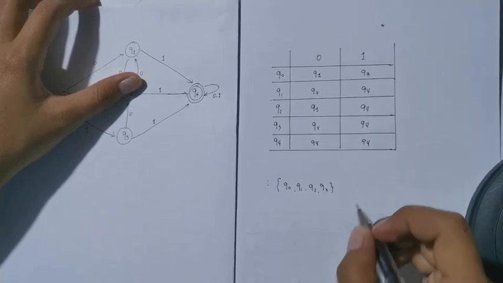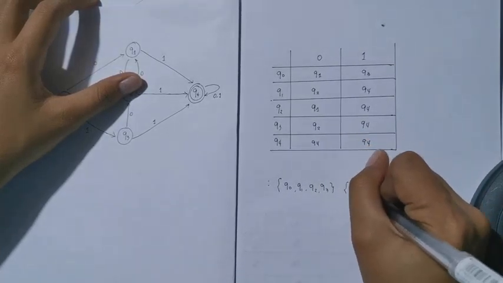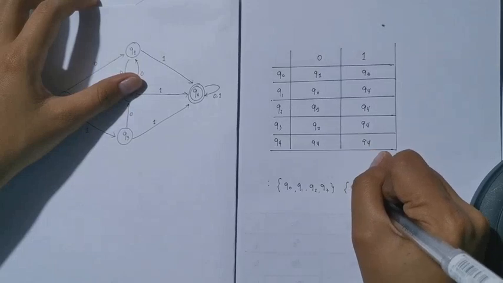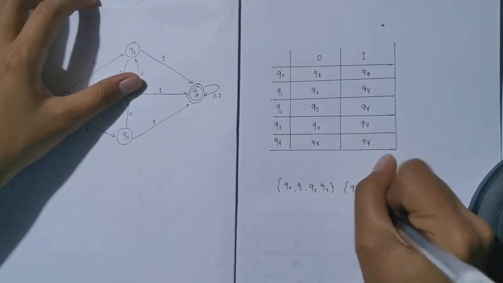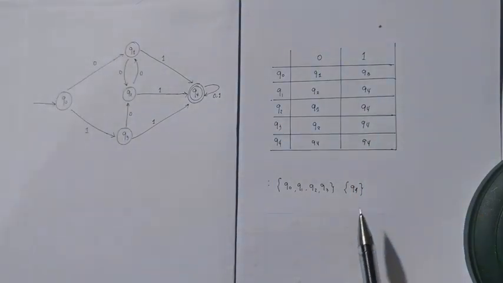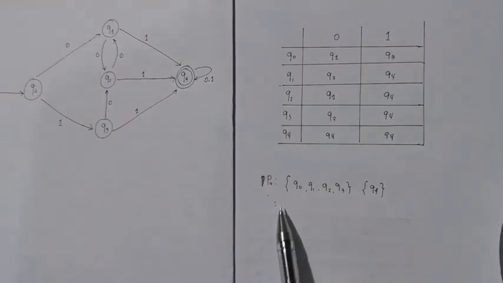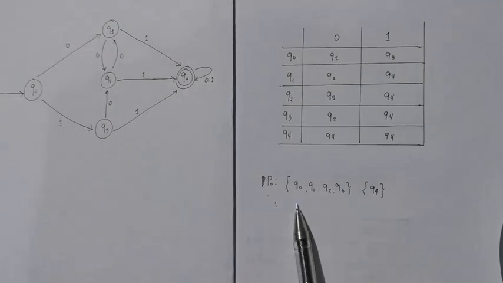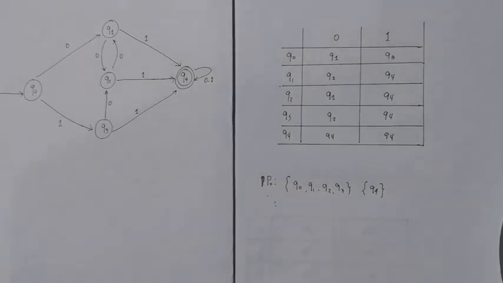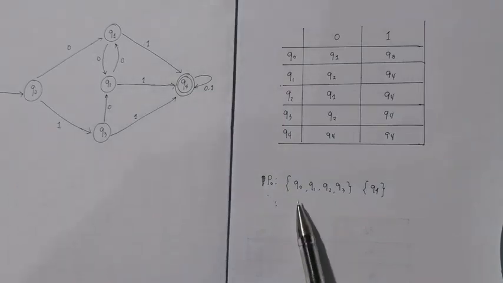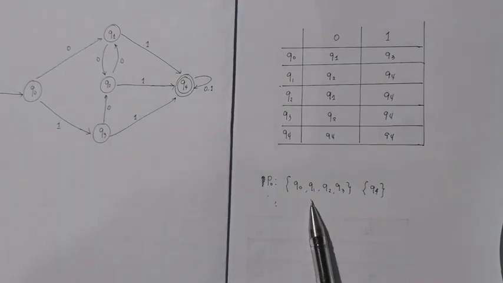The second set would be the final state, which is Q sub 4. Now, we are going to compare each state within the same set. We'll start from Q sub 0 and Q sub 1. Let's try to compare Q sub 0 and Q sub 1.